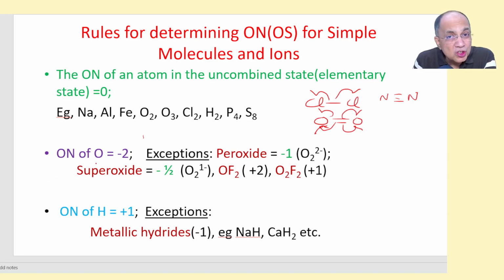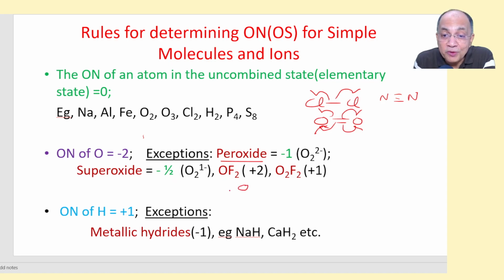Similarly, for oxygen in a compound, it is mostly -2. In the majority of oxygenated compounds, oxygen is -2, except in peroxides, O2 2-, where it is -1. There are two oxygens sharing a -2 charge, so per atom it is -1. This is superoxide, O2 single minus. So the share per atom is -1/2.